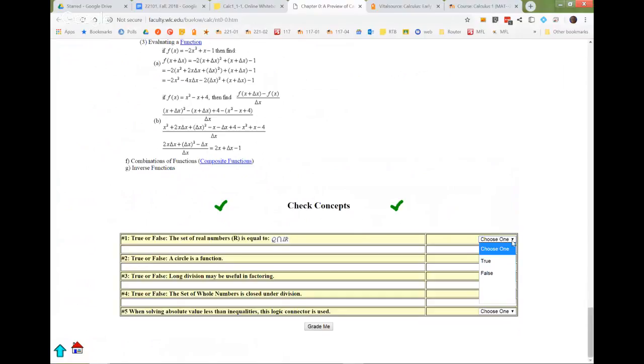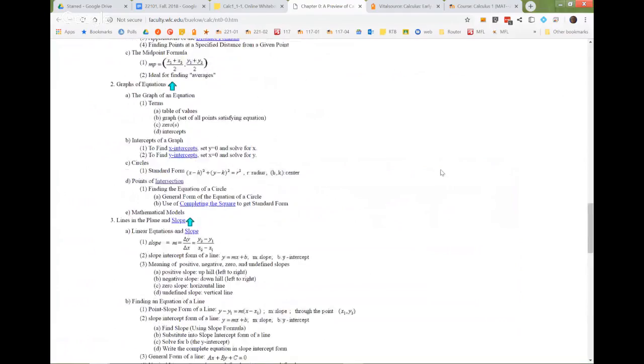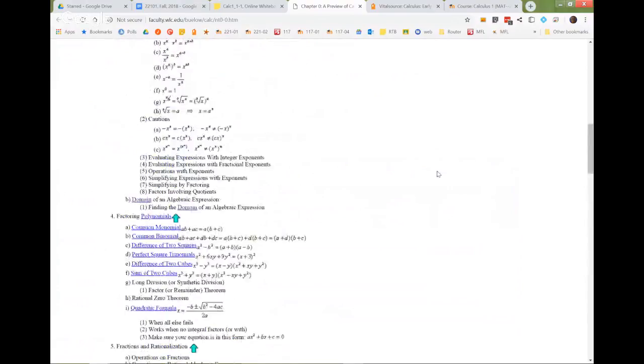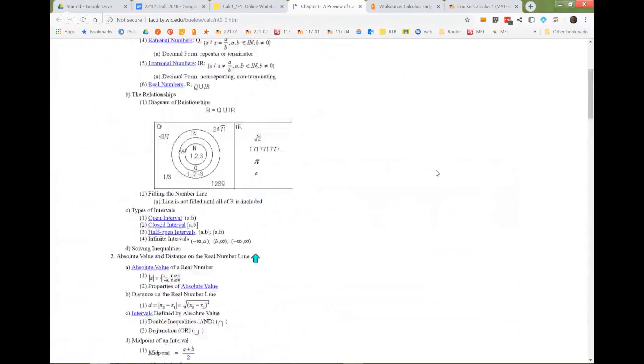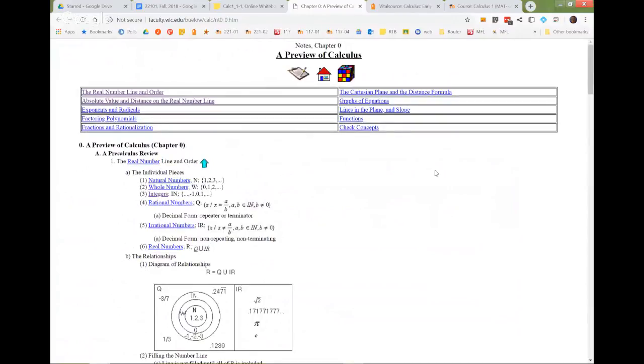If you click choose, you can pick one, and when you're done, it'll tell you how many you got correct. Anyway, that's totally optional. You don't have to do that. But there's a lot here, so you could use this outline as a guide to getting ready for calc.